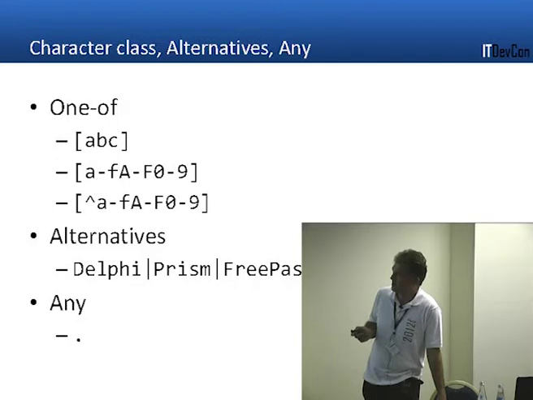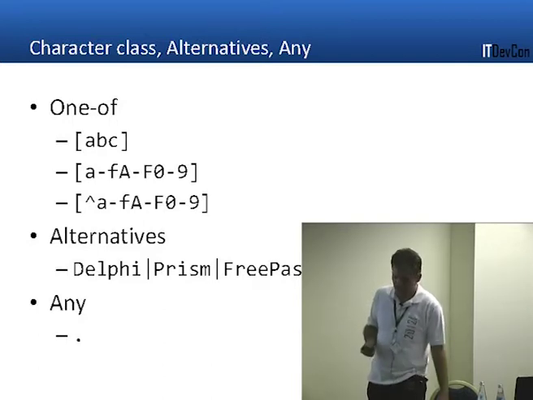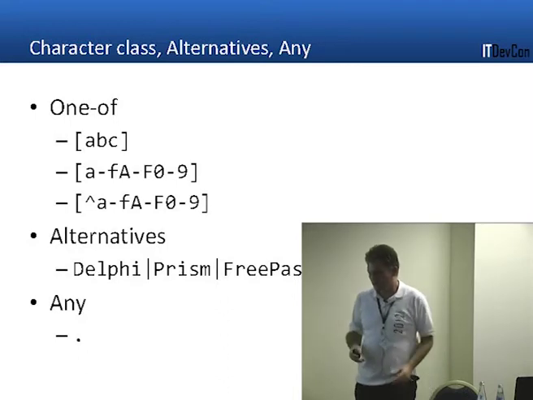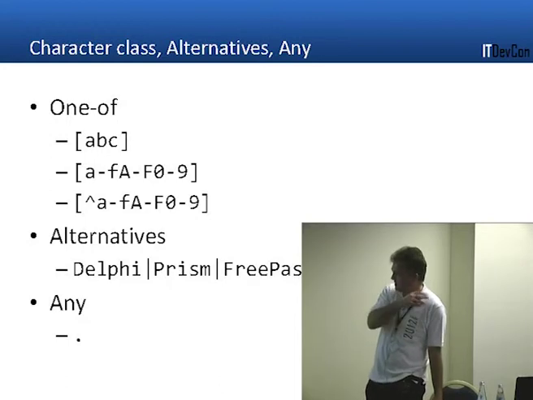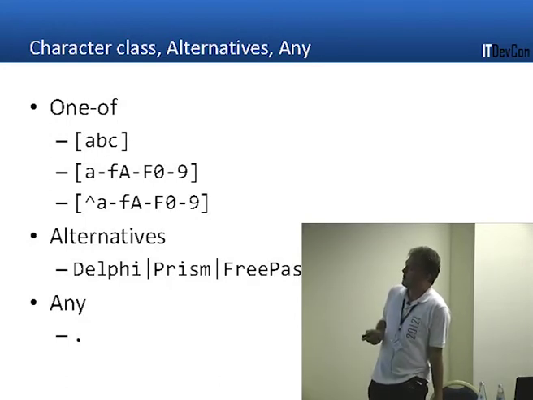So this is from A to F. If you don't specify explicitly, in regular expressions, small and capital letters are not the same. But you can force this behavior later. Or you can say not whatever is inside those brackets.